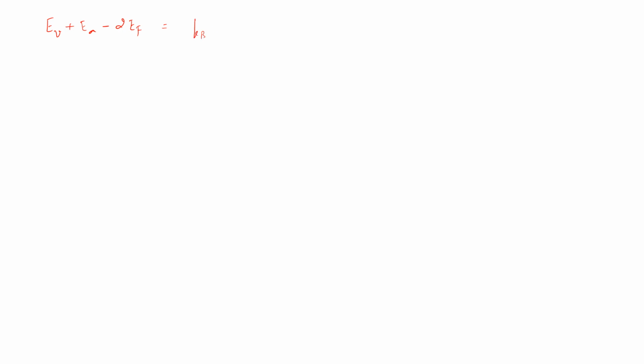So KBT ln NA whole divided by 2 into 2 pi MH star KBT divided by H square whole power 3 by 2. Then I will retain only 2EF one side and bring rest of the terms to the other side.